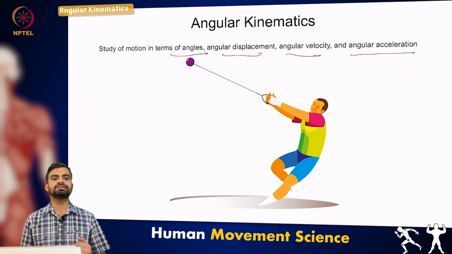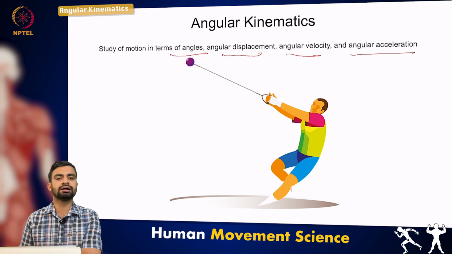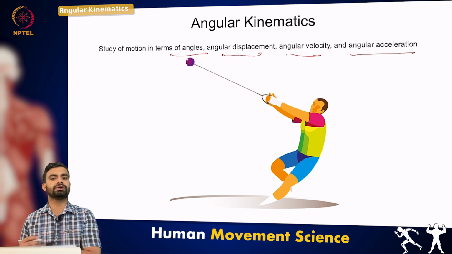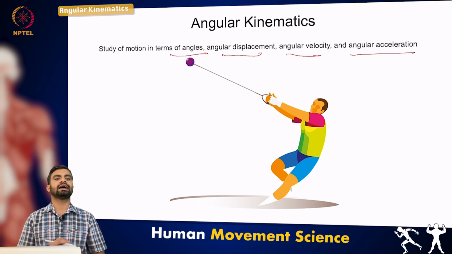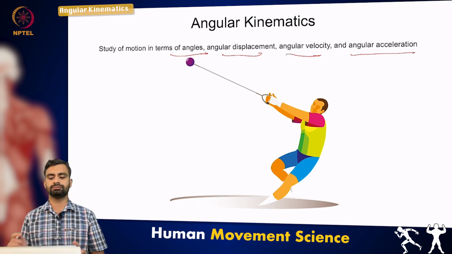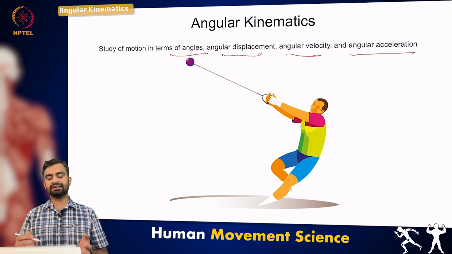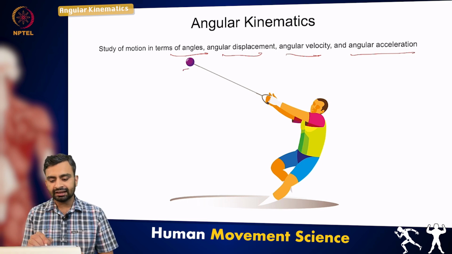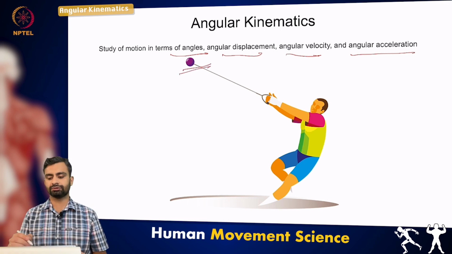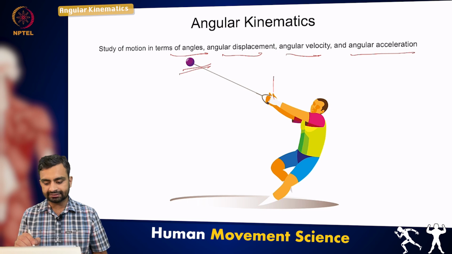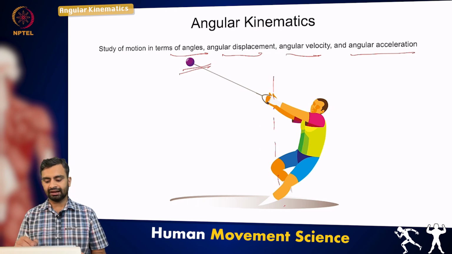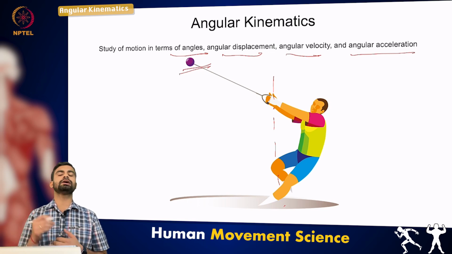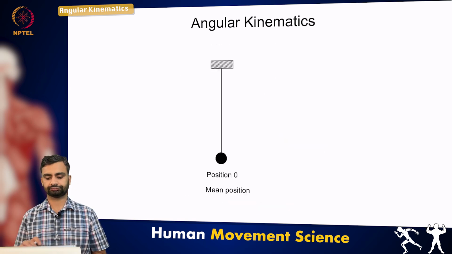It also provides valuable insights into the mechanics of joint movements, sports technique and the design of equipment that involves rotational motion. For example, here we can see an equipment being rotated about an axis, and similarly, at different joints, the athlete is also making a rotational motion.